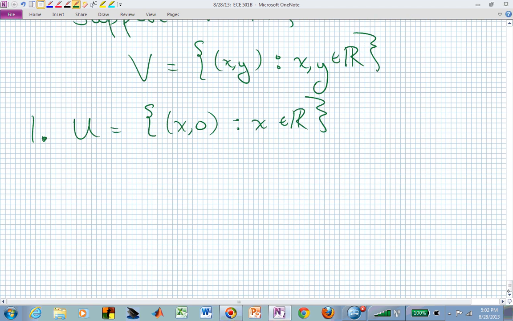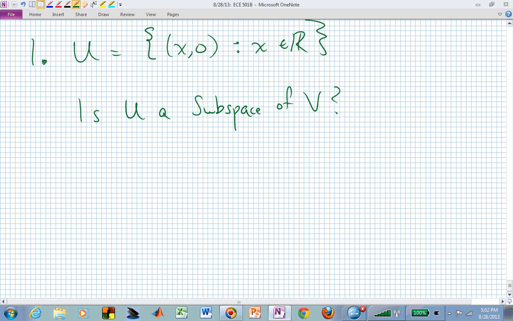So now what we want to do is say, is U a subspace of V? And what do we need to do? Well, we need to show those three properties. First, we need to make sure it's a subset, and it really is.